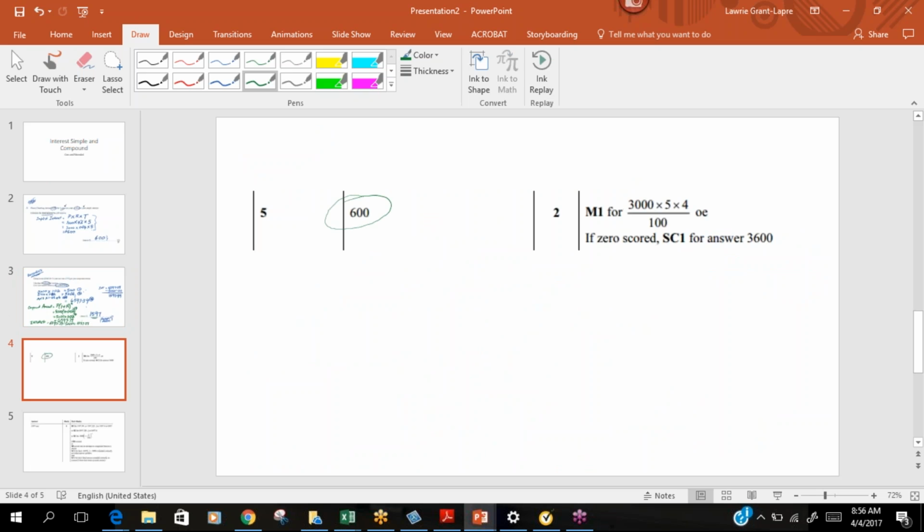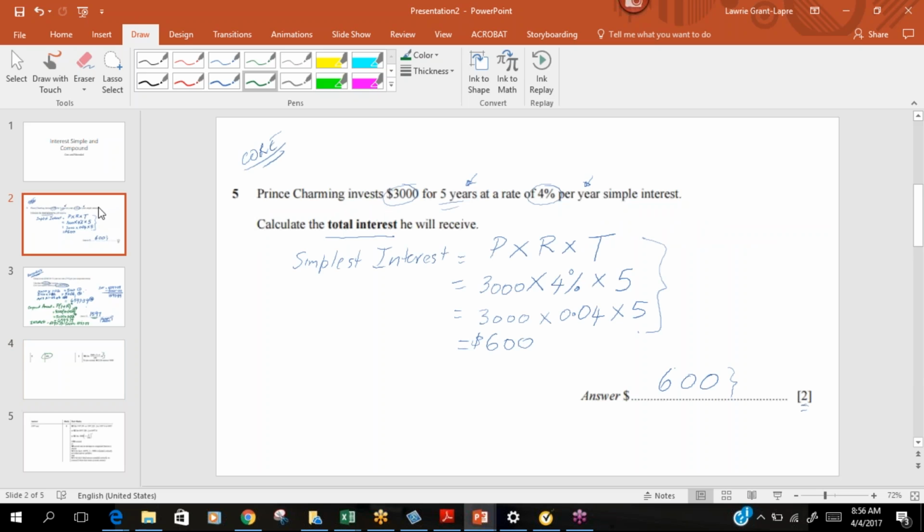We get 1 mark for principal times rate times time, to get that 2 marks. So there's the working that I mentioned for the 1 mark. And so that's correct, $600, yes.